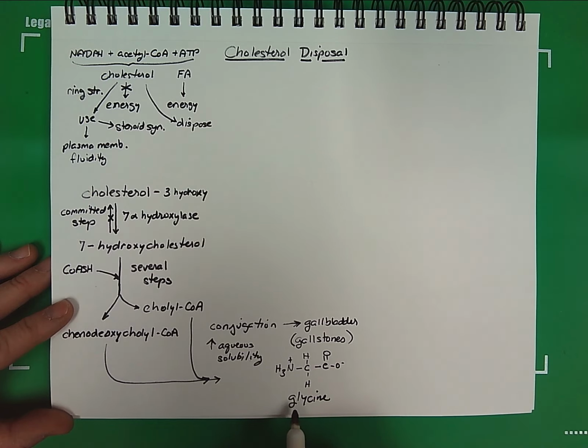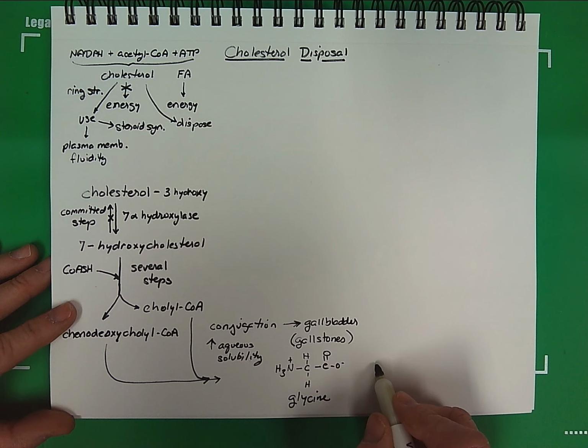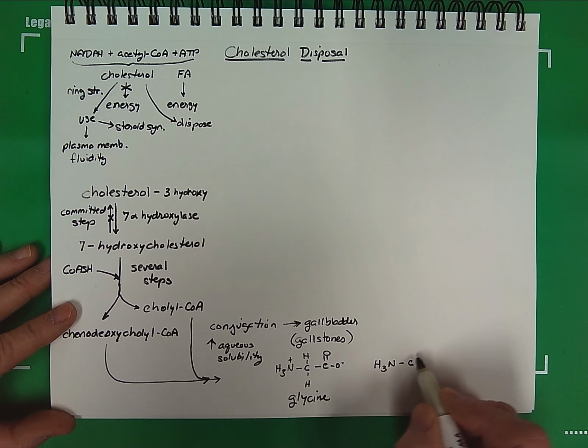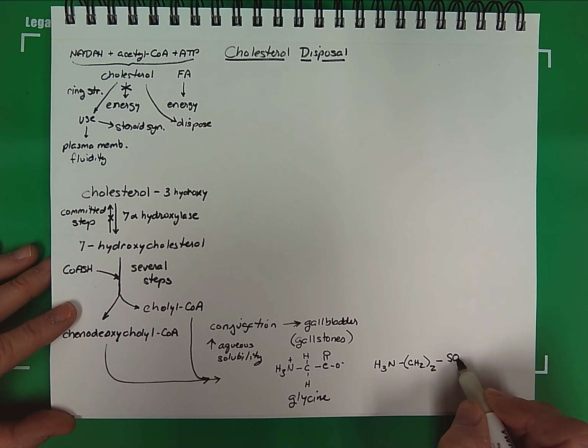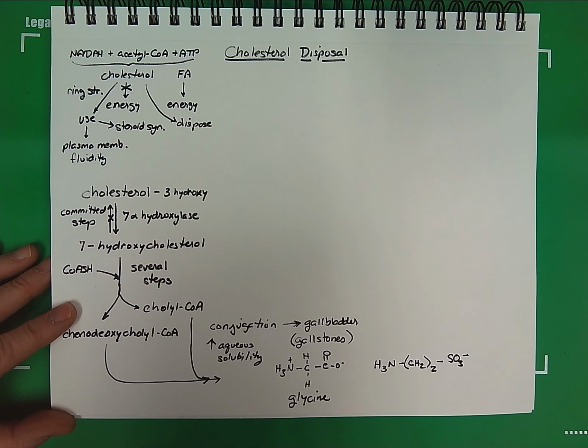Notice that adding glycine to this structure, we are adding a carboxylic acid, which is going to dramatically help with increasing aqueous solubility. The other structure that we will be adding is this structure. This is called taurine.